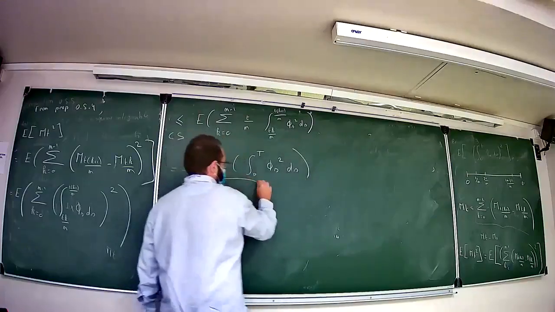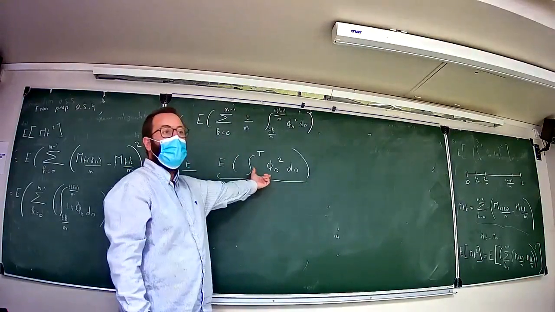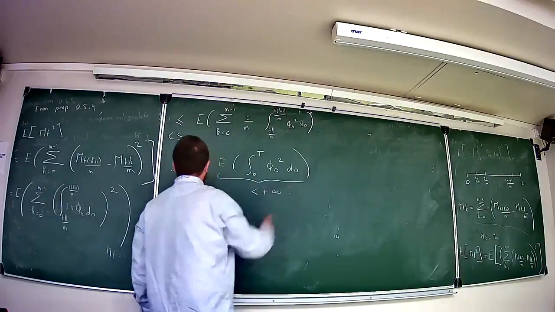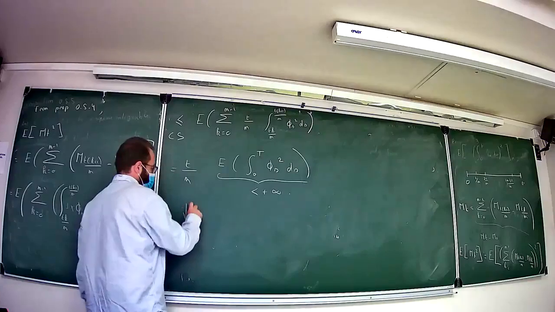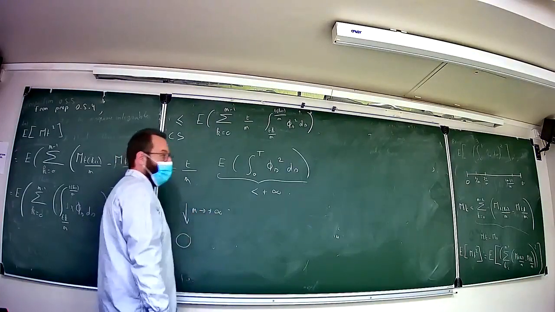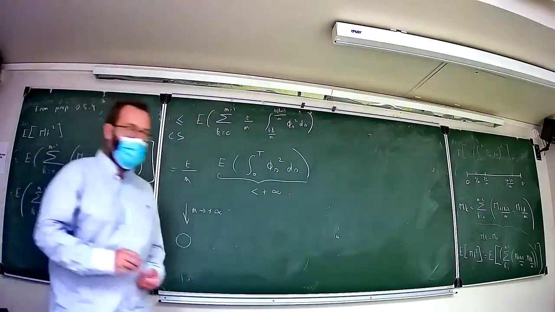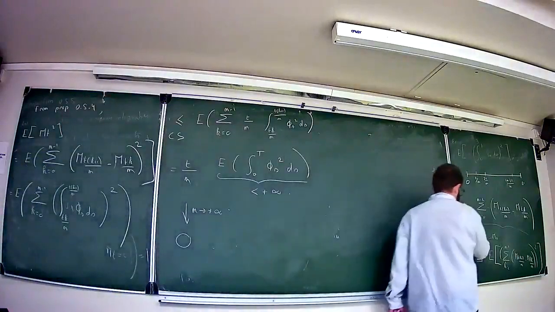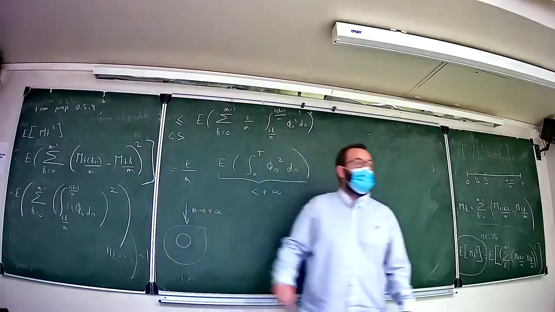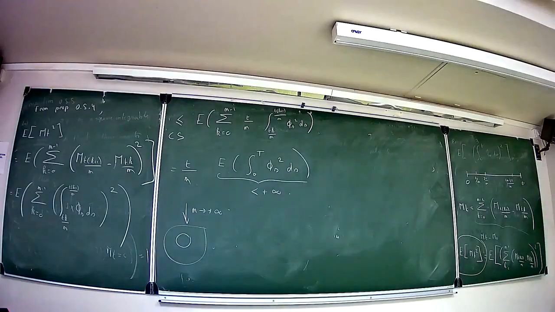From my hypothesis, I know that phi is in L2 of omega times 0 capital T, so I have something that is finite. And when n goes to plus infinity, this term goes to 0. And at the end, what I have proved is that the expectation of the square is equal to 0, because it is less than something that goes to 0.